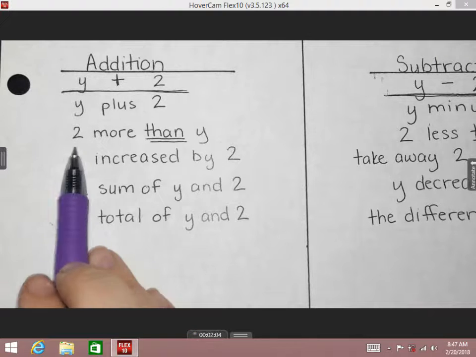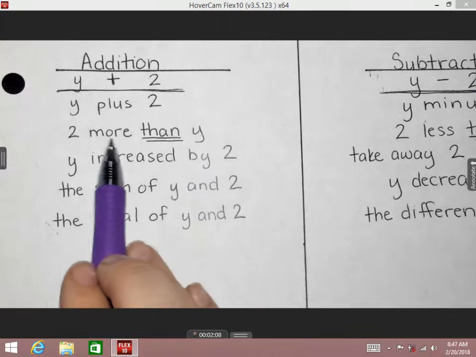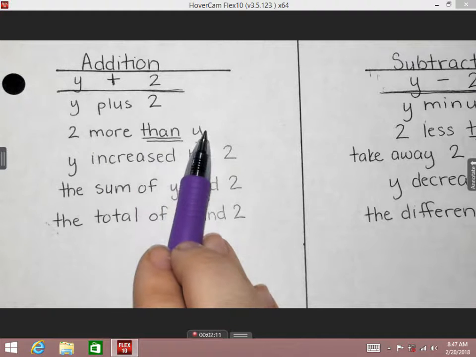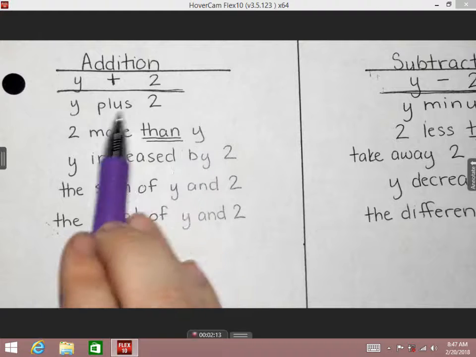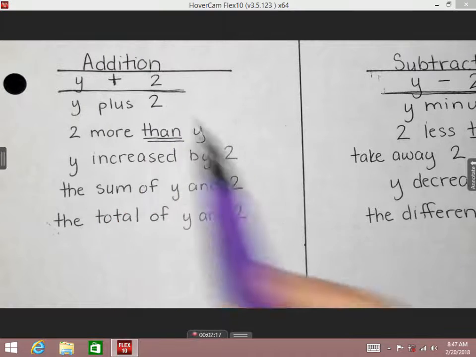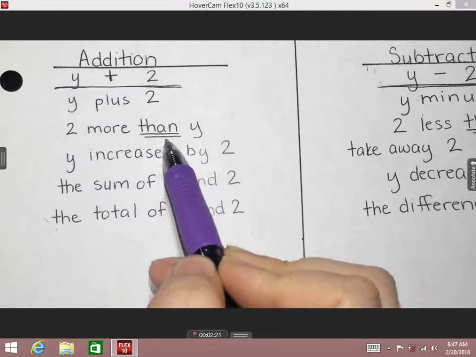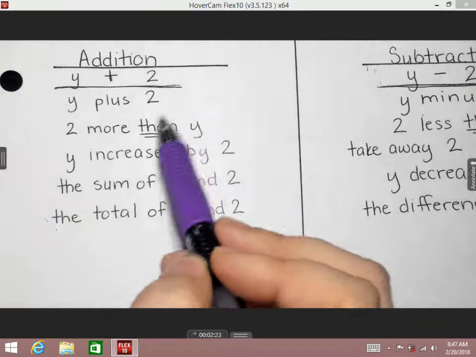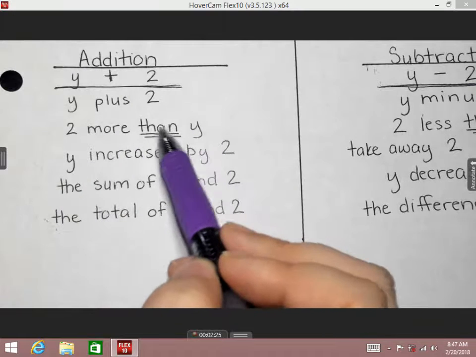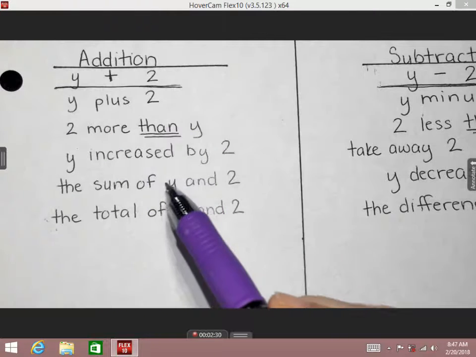Before I know what this 2 is, I got to know what y is. So if we're saying 2 more than y, do y'all see how that's actually taking y and then we're adding 2 to it? A little shortcut, an easy way to remember that: if you see than, it's actually flipped around. So like when it said 2 more than y, because of that than, I knew y went in the front, 2 goes in the back.